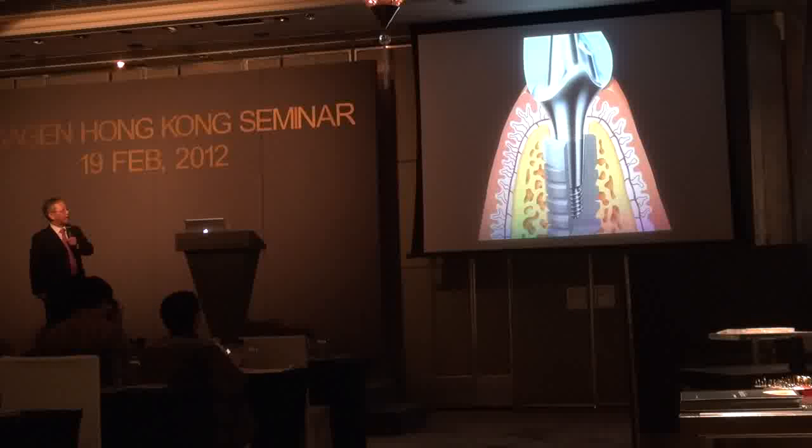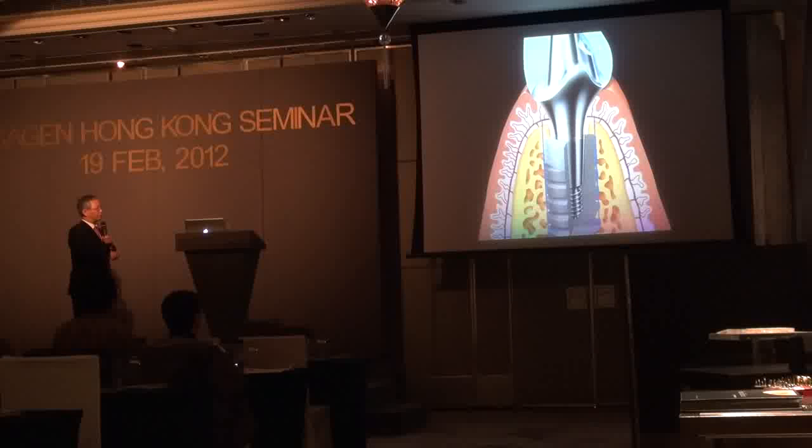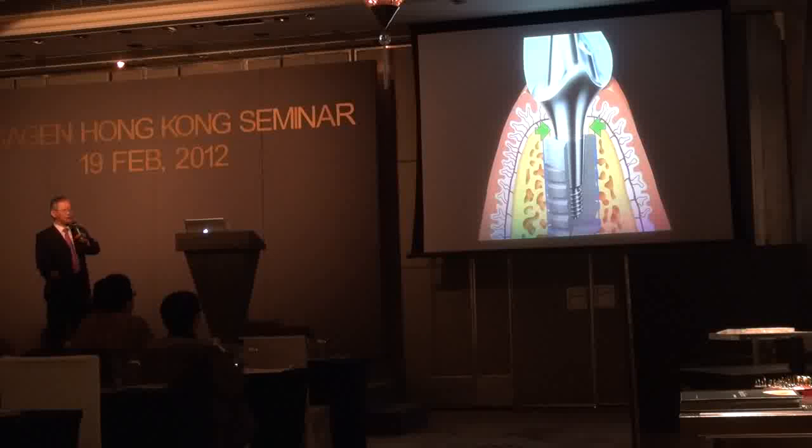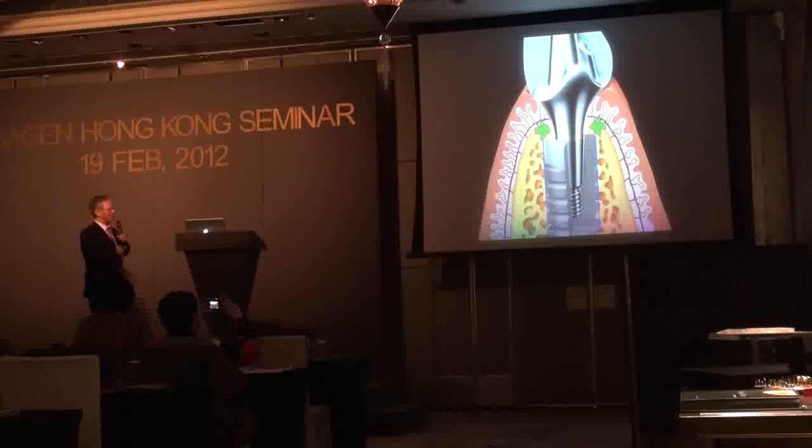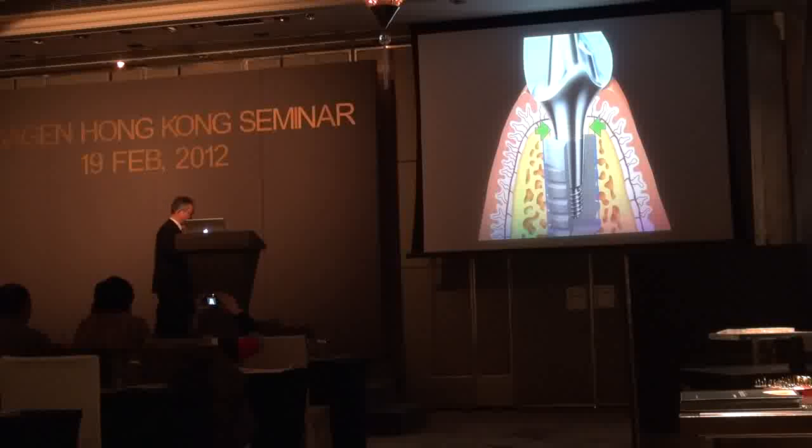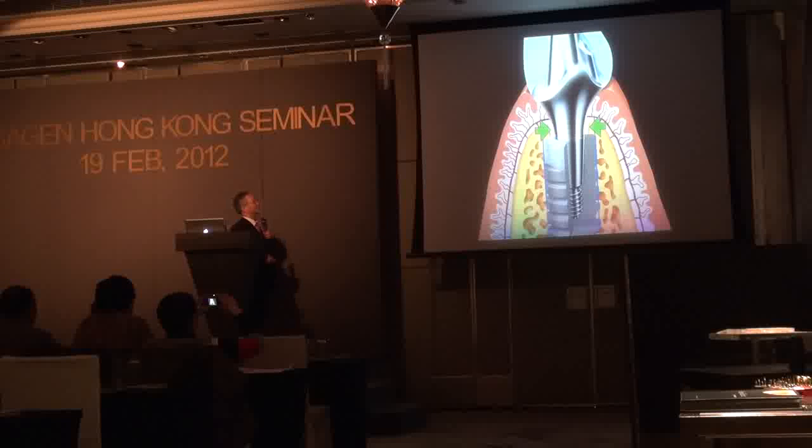On this diagram, as you see, we should make an osteotomy socket like this, to this level. And then bone will grow to the top to cover the flat bone, according to their insistence.